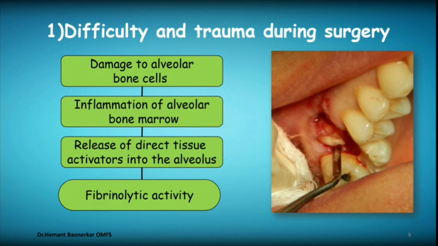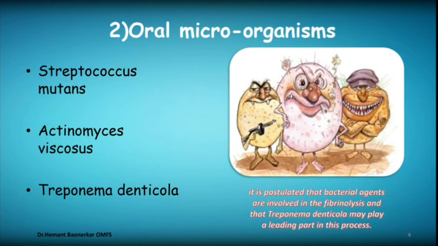Due to this inflammation at the site of extraction, there is a release of direct tissue activators into the alveolar region, which cause fibrinolytic activity. Due to fibrinolytic activity, our fibrin clot is disintegrated and the dry socket forms.